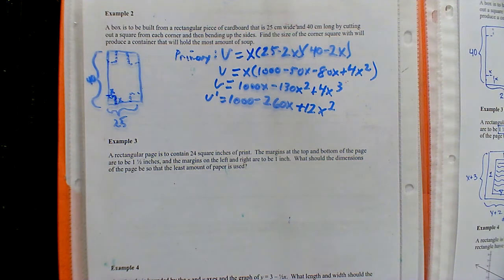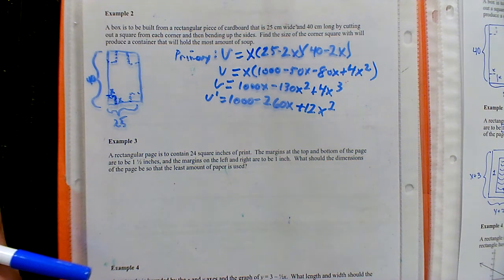And we need to try to simplify this as far as we can before we set it equal to 0 because it will make it easier.